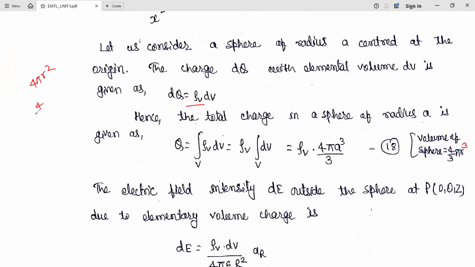Since we have a sphere with radius a, the volume becomes 4 by 3 pi a cube. This is the total charge of the sphere. Now we have to find the charge content in the differential volume, on the basis of which we find the differential electric field intensity.